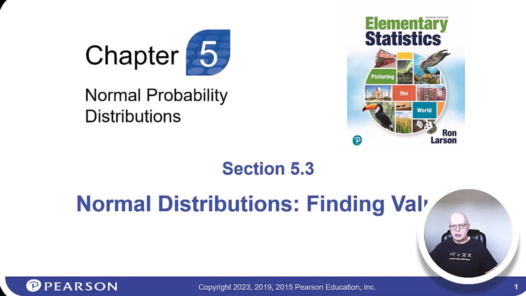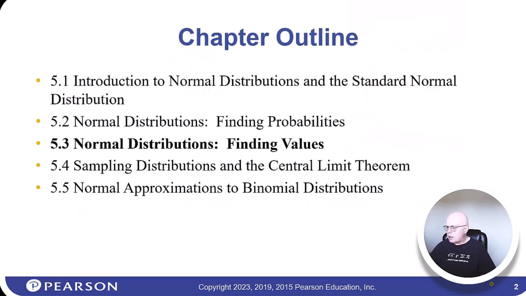Welcome back. We're going to talk about finding values when we're talking about normal distributions. Here's where we are. Check out the pen, make sure it's working. Yeah, we're there. And remember, section 5.5 is out.